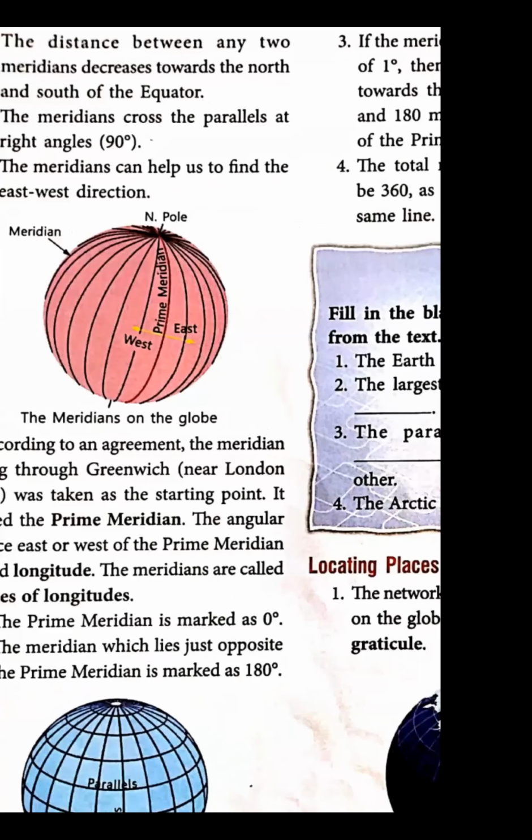These lines join the North Pole with the South Pole. They are called meridians.